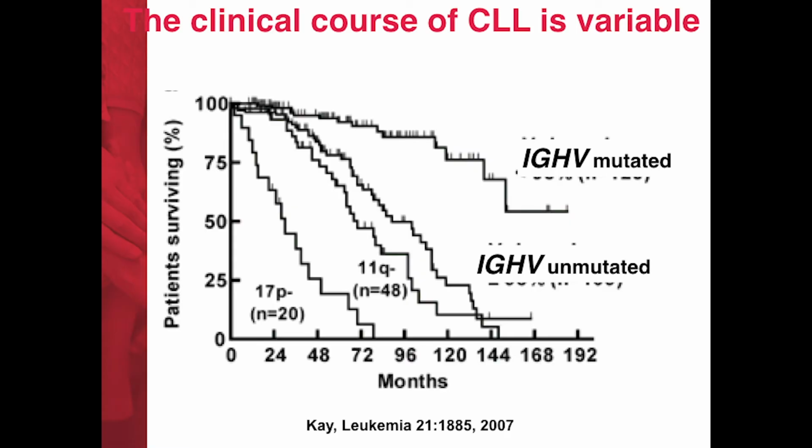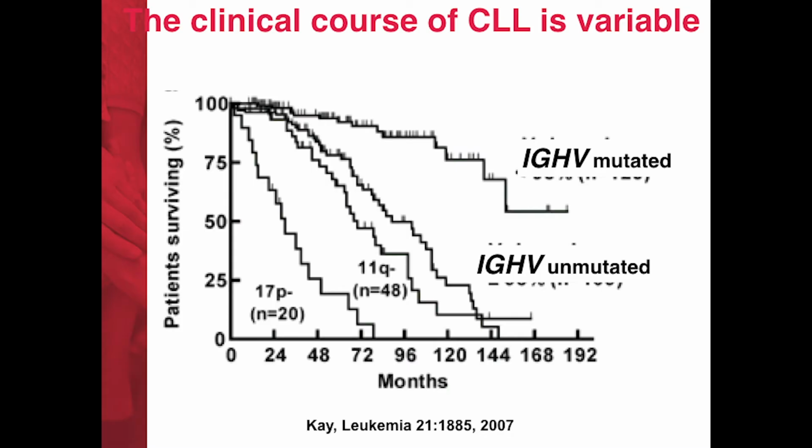With deletion genes, if a region of chromosome 11 was deleted, this encodes an important gene involved in DNA repair, so it gets knocked out. That type of disease grew faster. And the fastest growing type of CLL had a region of chromosome 17 knocked out, which encodes a gene called P53, a master regulator of cell growth and DNA repair, so it's important to knock that out.